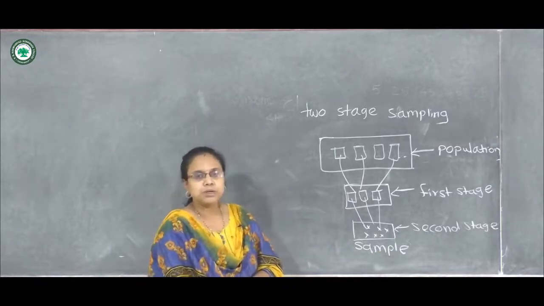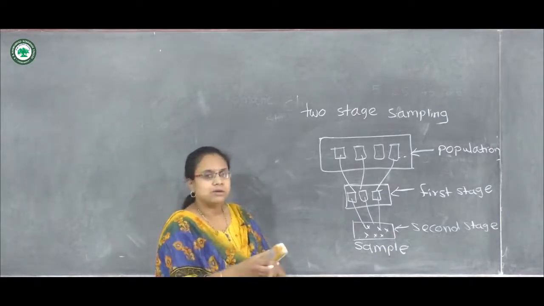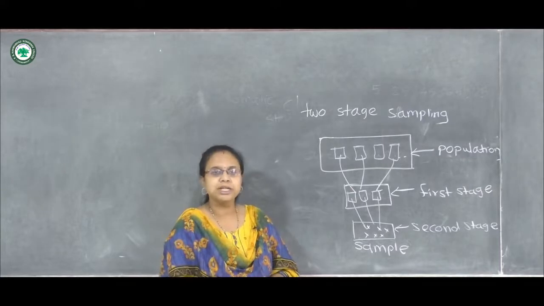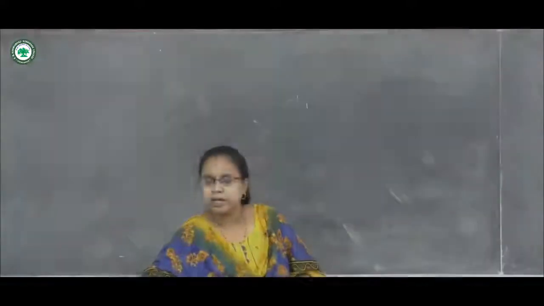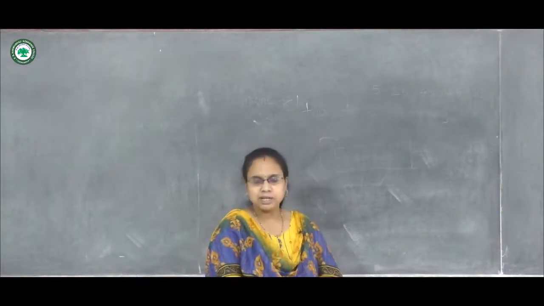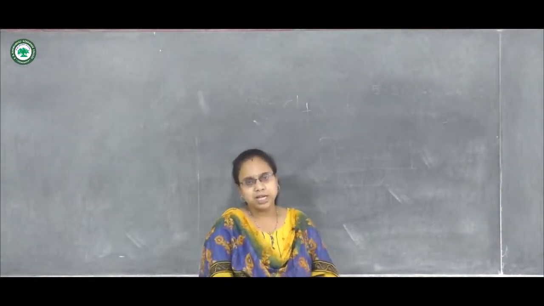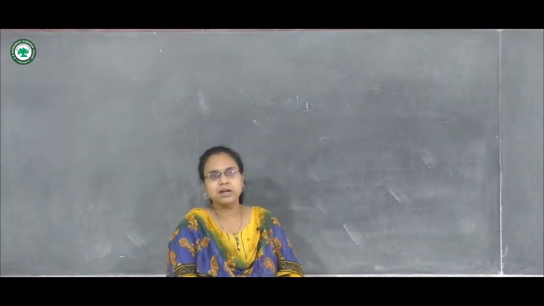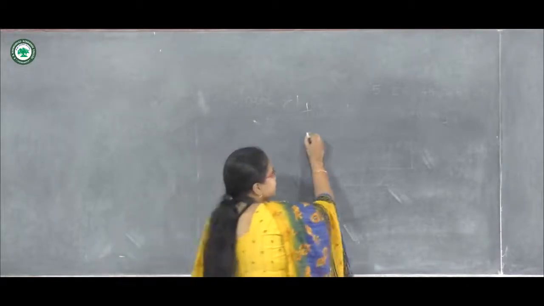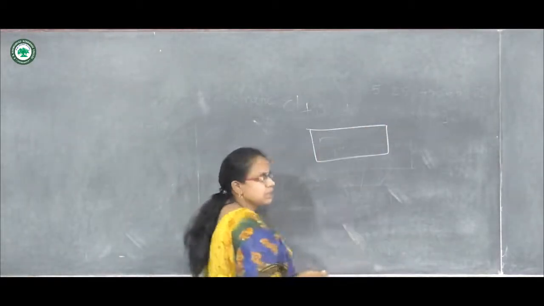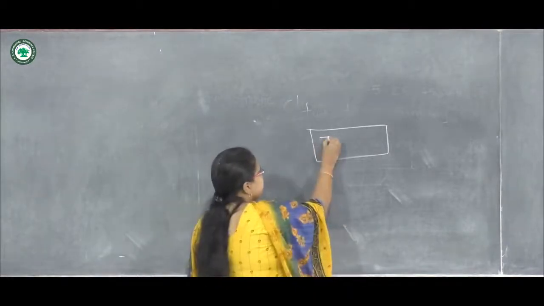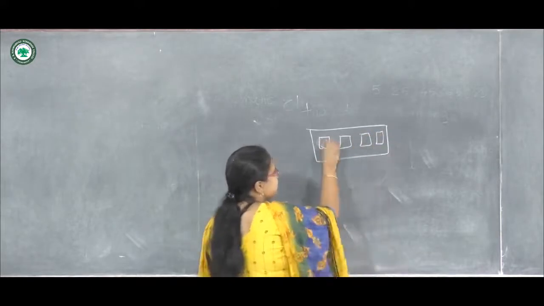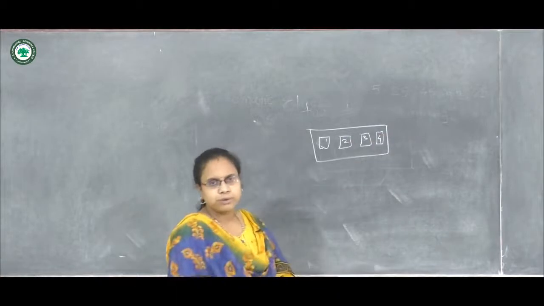Suppose there are n stages, or more than 2 stages, in selecting a sample, then it is called multi-stage sampling. Two-stage sampling is easier to implement than other methods. For example, if we are doing a survey, this is the population and it consists of n number of districts. Suppose there are 4 districts.